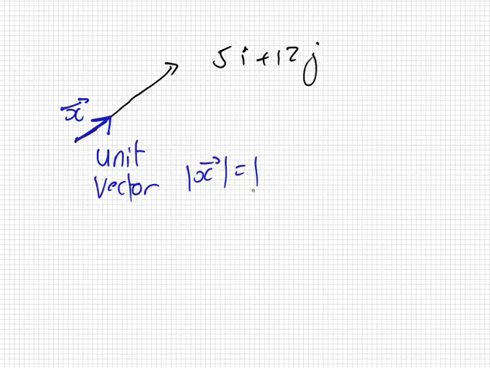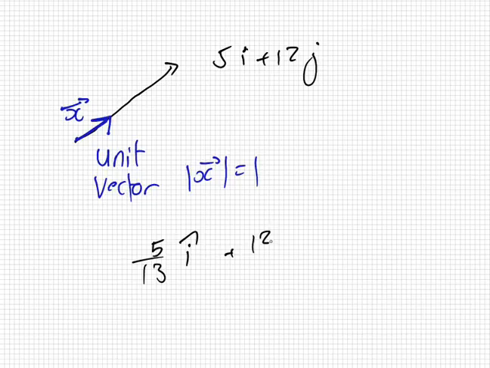How? The length halves. So if this vector has length 13 and I want it to have length 1, then what should I do? Divide what? Divide by 13.